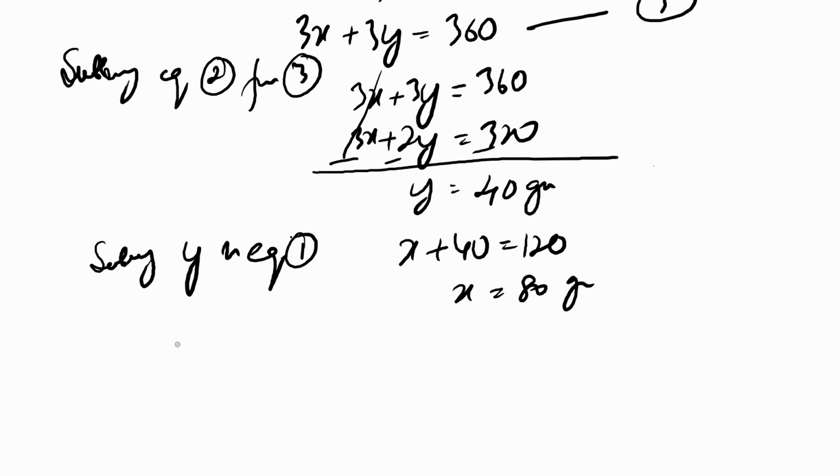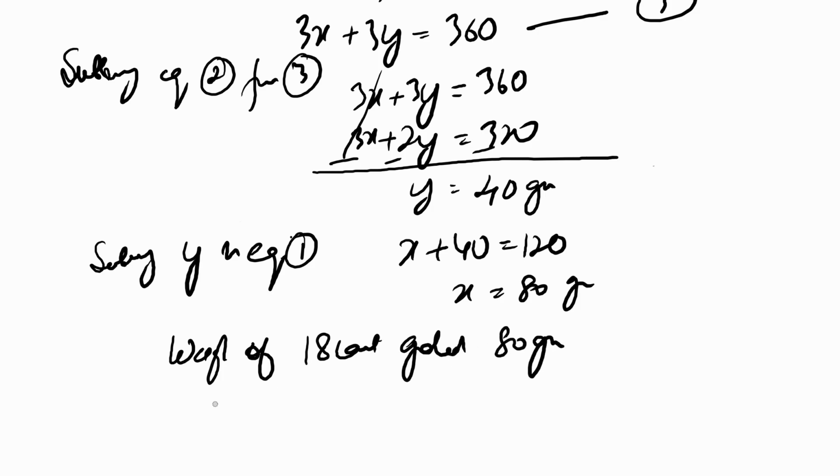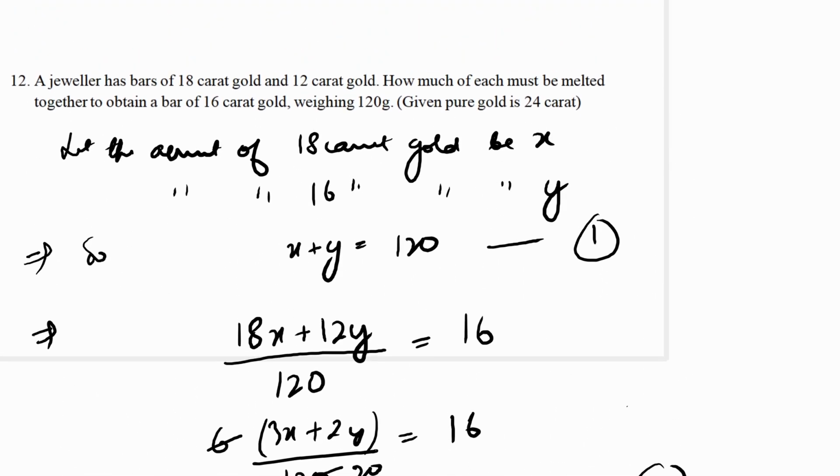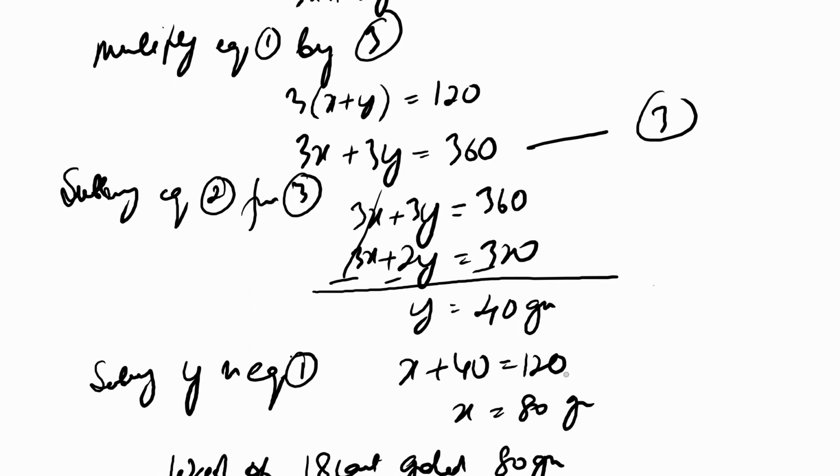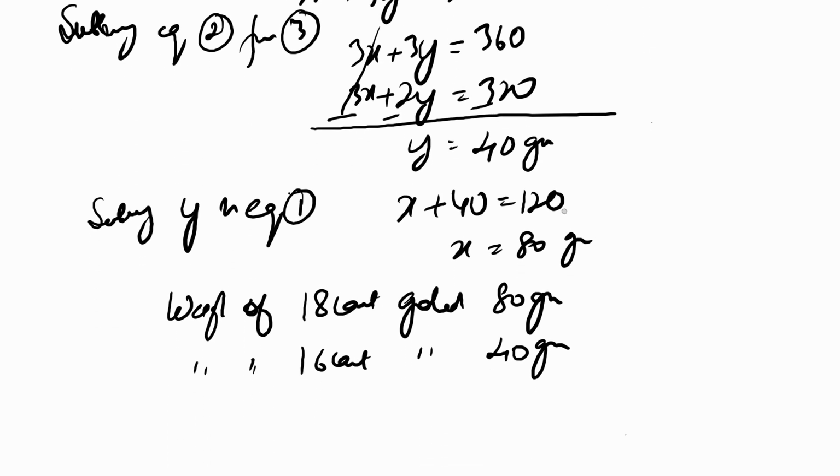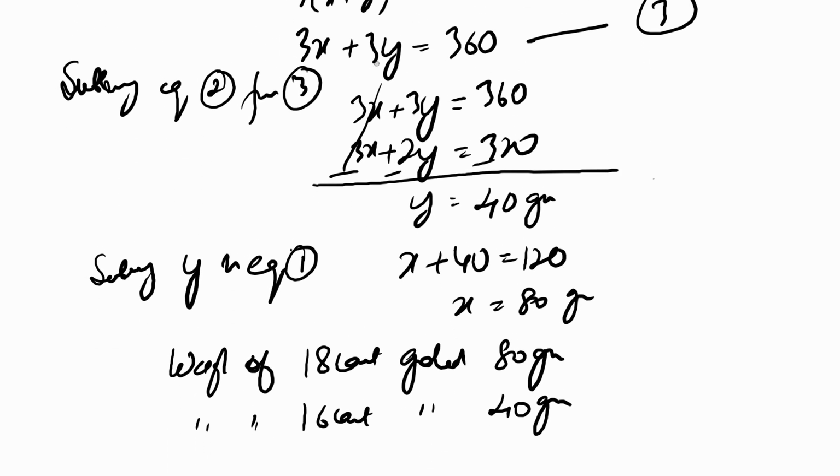The weight of 18 karat gold is 80 gram and the weight of 12 karat gold is 40 gram. Okay. So move on to the next question.